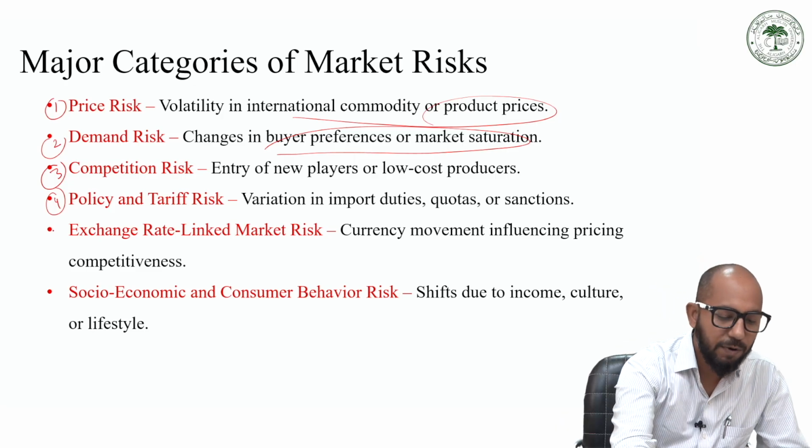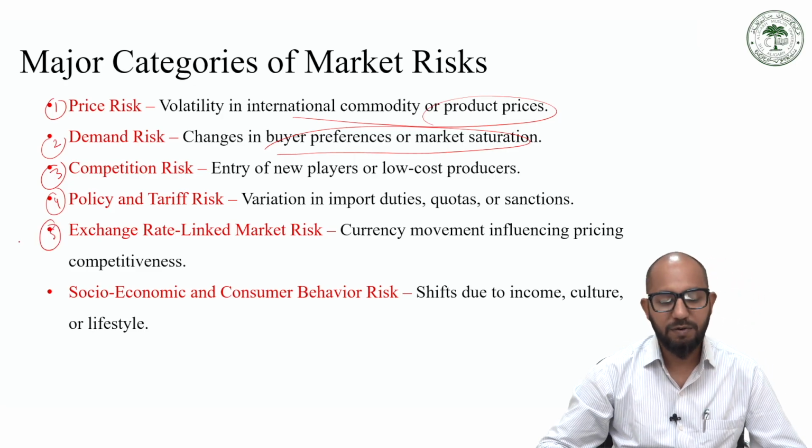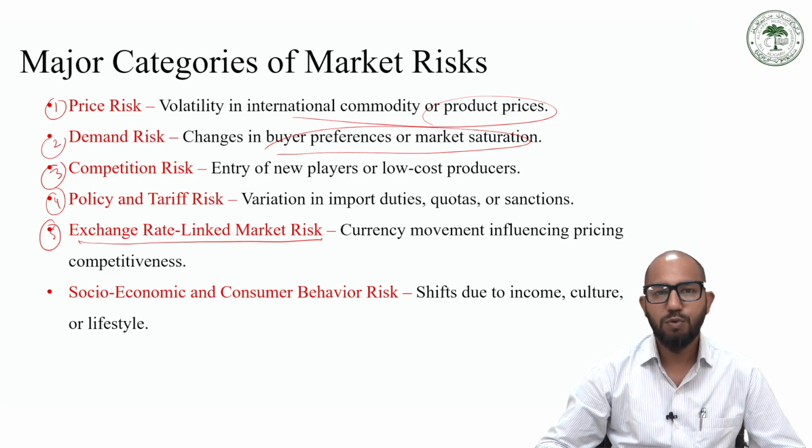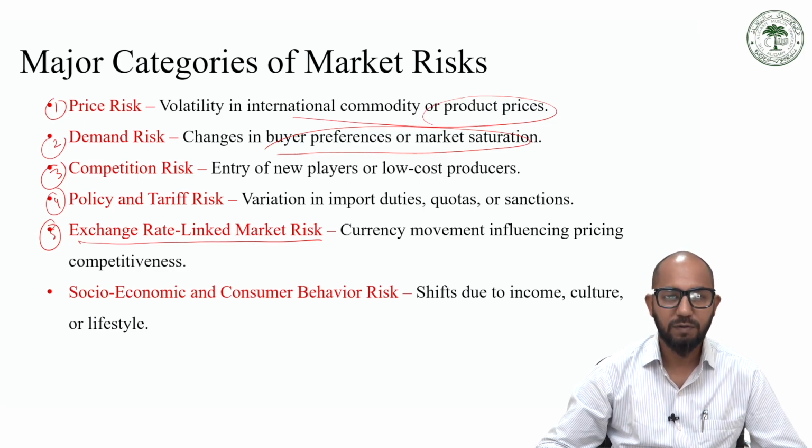The next type of market risk is exchange rate linked market risk. We know that international trade, export and import involves foreign exchange and currency movement across the border. Thus, the currency movement and foreign exchange also affects the pricing competitiveness of the exporter. Thus, this is also a type of market risk.